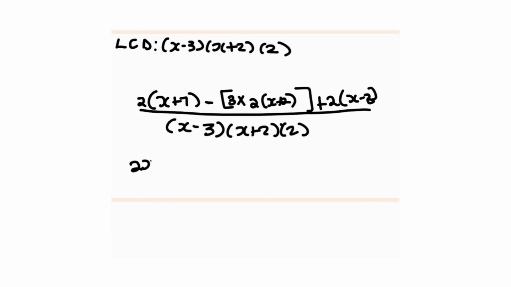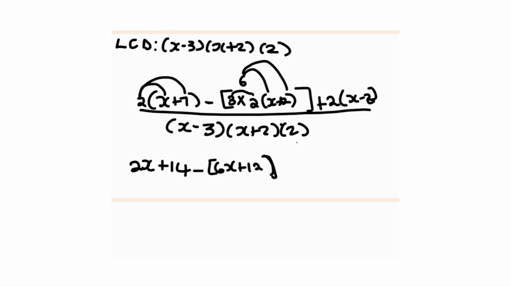So you have 2 times x, 2 times 7, so it's 2x plus 14, minus 6 times x, 6 times 2, we are going to have 6x plus 12, and now we have 2 times x and 2 times -3, that's going to be 2x minus 6, still divided with the very same LCD that you have chosen, the denominator.